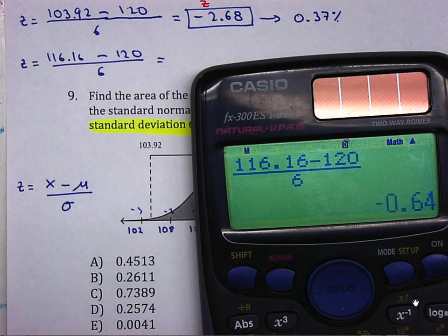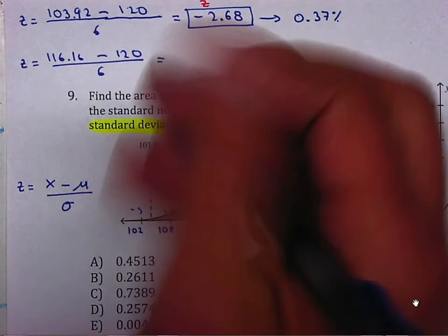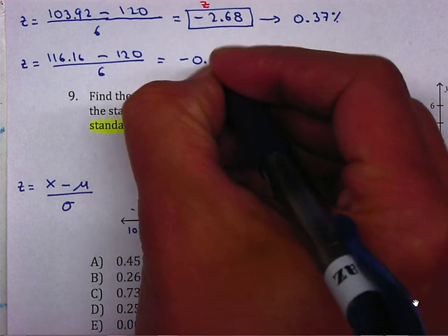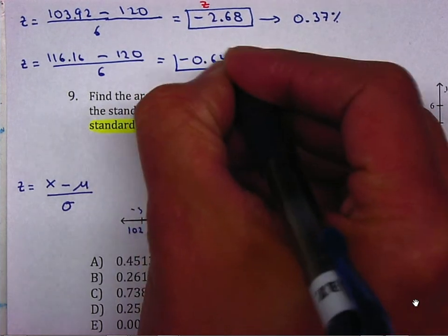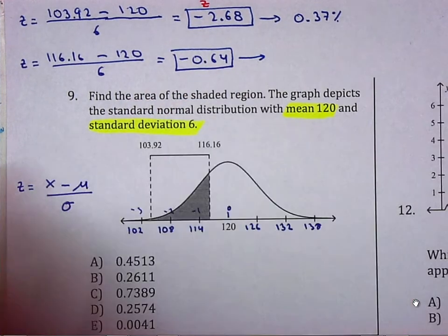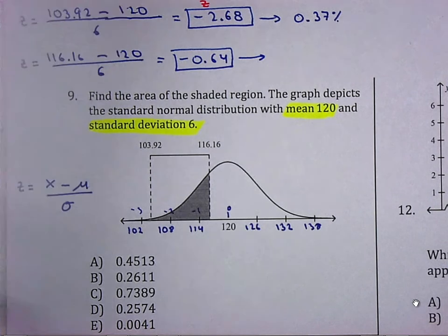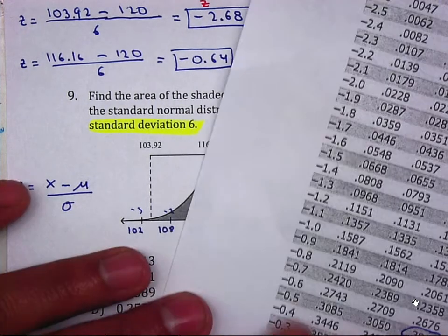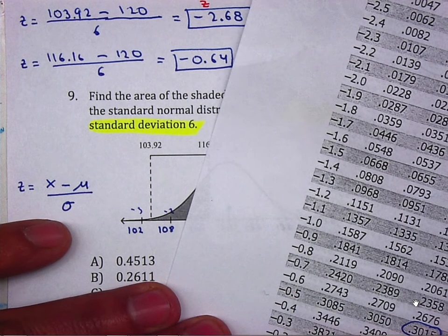Change to a decimal, negative 0.64. This is your Z value, and I'm going to look up the percentage on my chart. Negative 0.6, and then 4 will be 26.11.